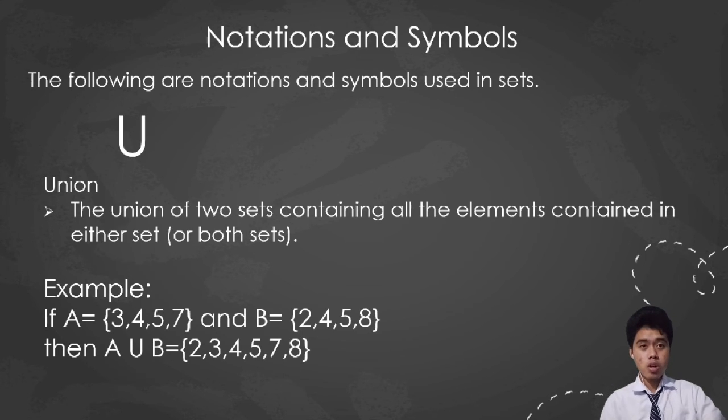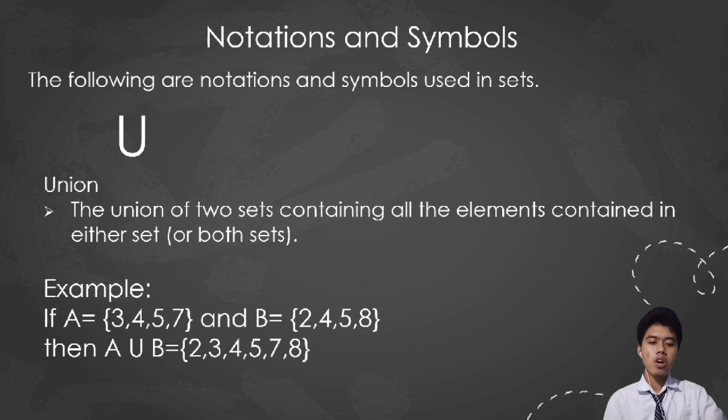Next one is union. And yung symbol niya is capital letter U. The union of two sets contains all the elements contained in either sets or both sets. So, yung union is, tandaan lang natin kung ano yung element ng set A and set B is makikita natin or nakalist sa union.